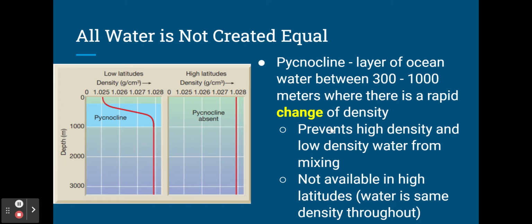This area prevents high density and low density water from mixing. It's sort of like a barrier. It's not present in the higher latitudes, so in the polar areas the water is the same density throughout. In the high latitudes you basically don't have it, but in the low latitudes near the tropics, you've got that.